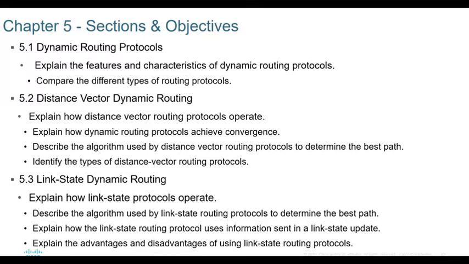Okay, and also we're gonna explain how the link state protocol uses information sent in a link state update. So we're just gonna compare and contrast these two types of dynamic routing. Lastly, we're gonna explain the advantages and disadvantages of using link state routing protocols.